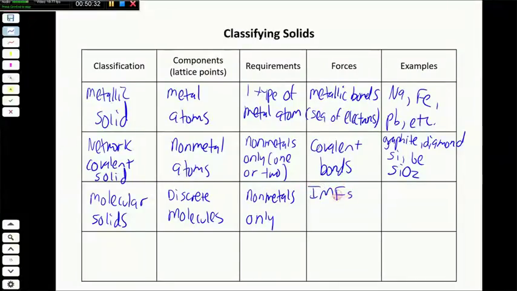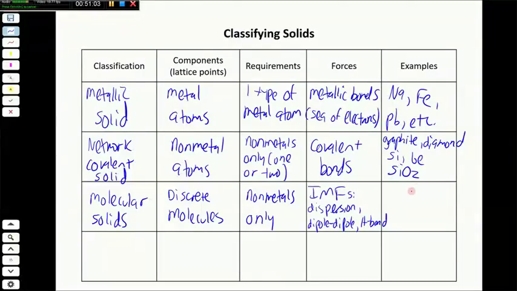We saw that there are 3 categories: dispersion, dipole, or hydrogen bonding forces are going to be responsible for holding these molecules in place in the solid. But they're relatively weak forces, so we would expect that most molecular solids have pretty low melting points. It's very easy to break those intermolecular forces of attraction and melt the solid into a liquid phase.